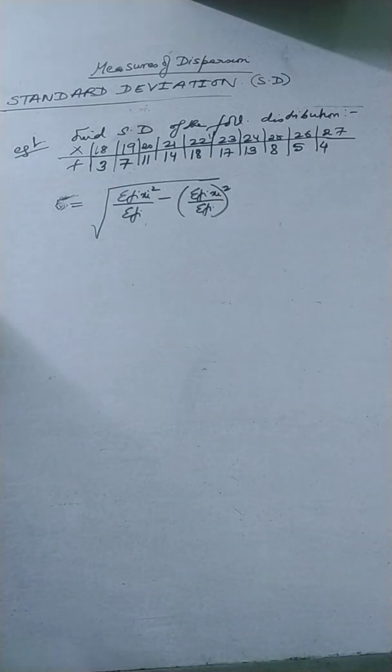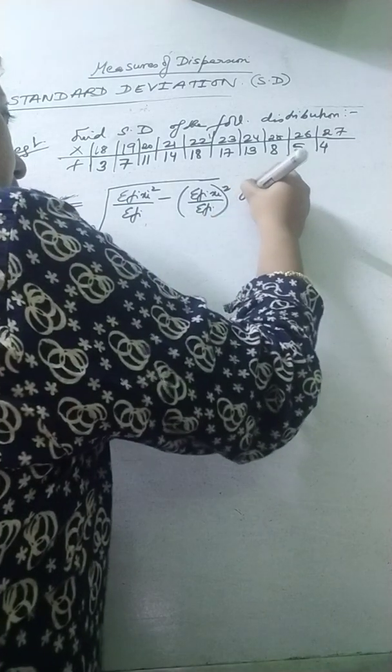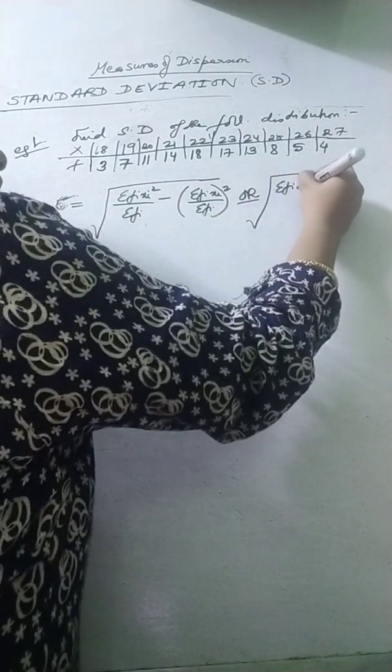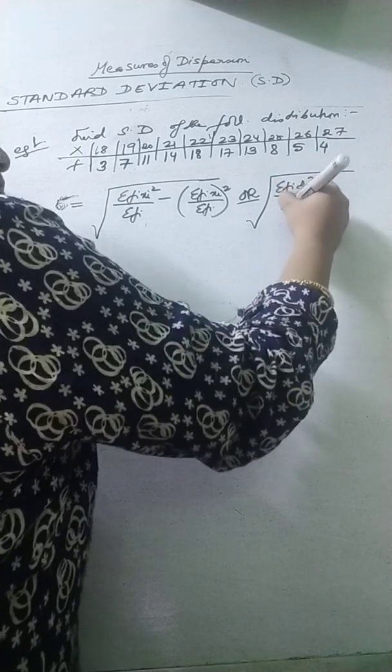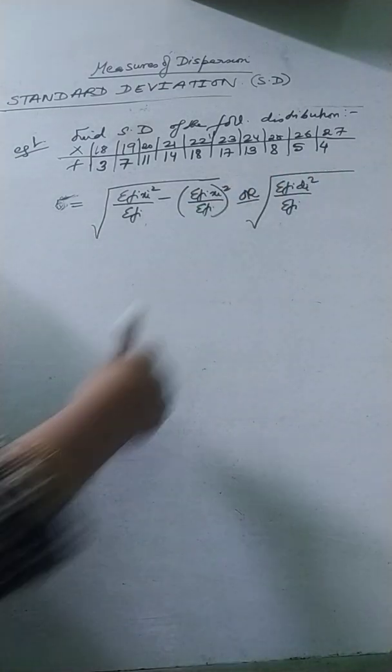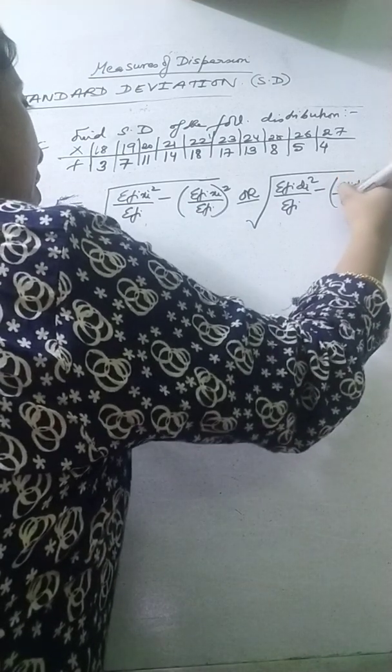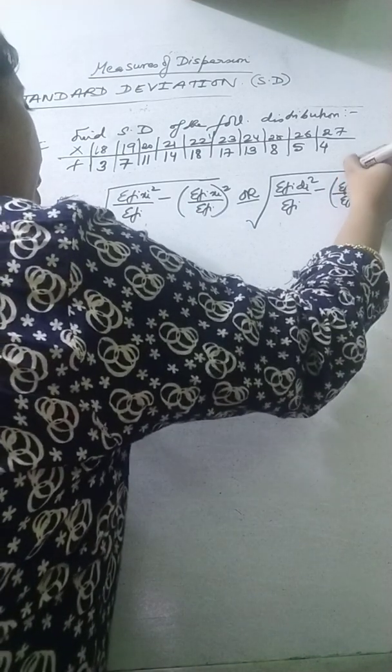This is one working formula that we are talking about. And the other one is root over summation fi di square by summation fi minus summation fi di by summation fi whole square.